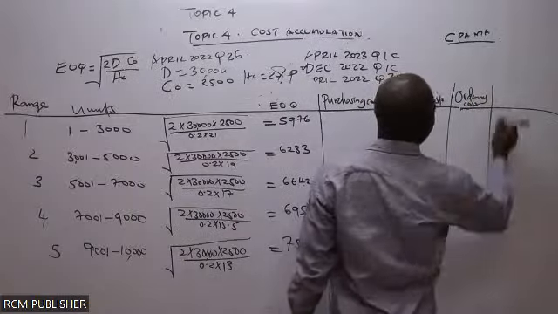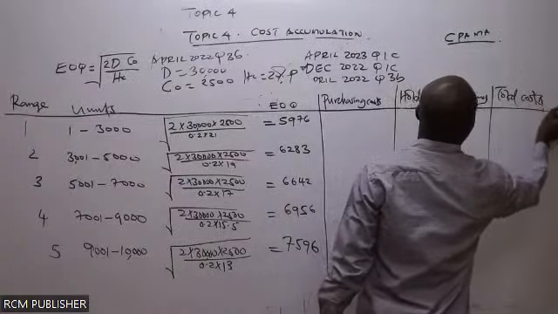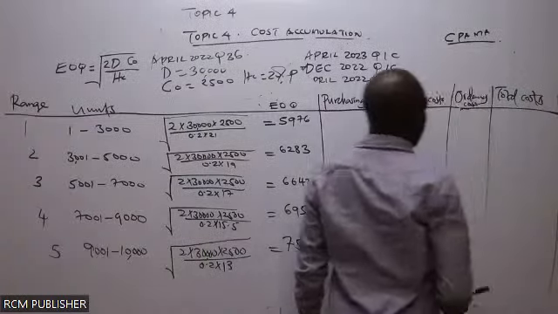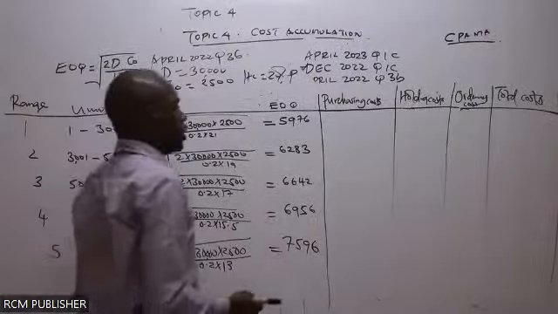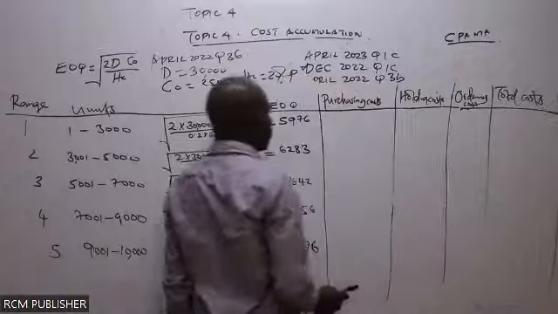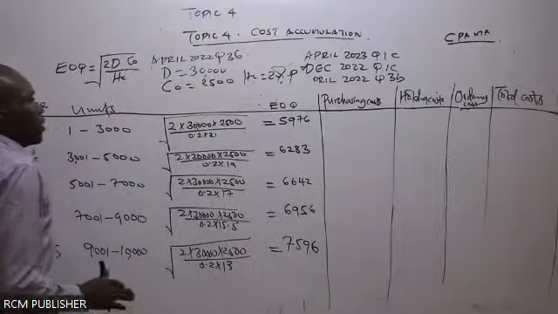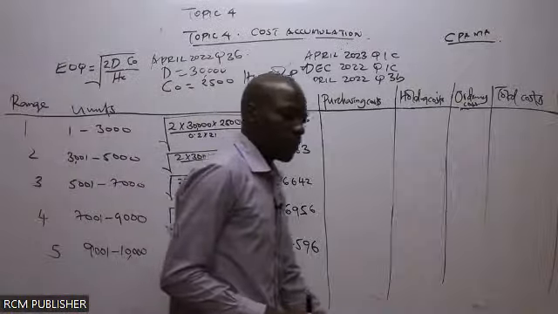And then we need to get total cost. From there, we will be able to make a good decision. We will be able to advise. Now, we want to advise based on this basis.